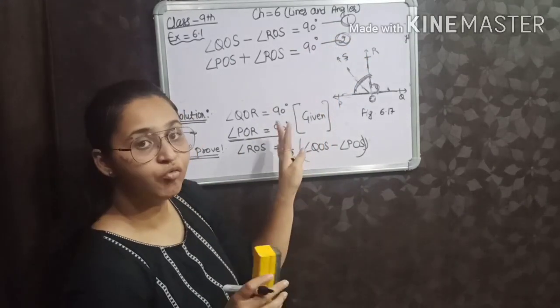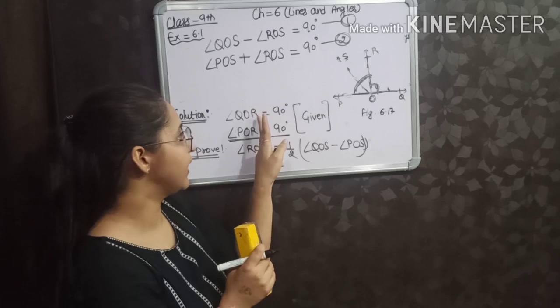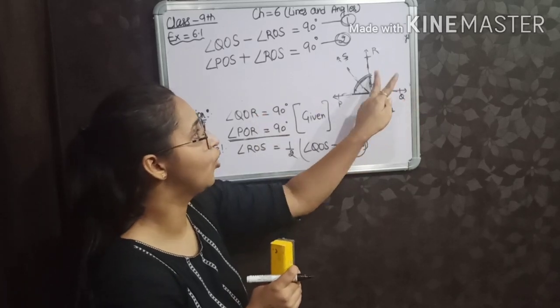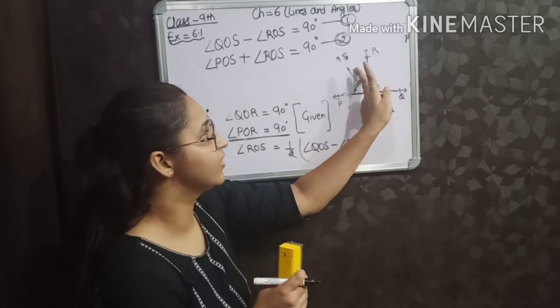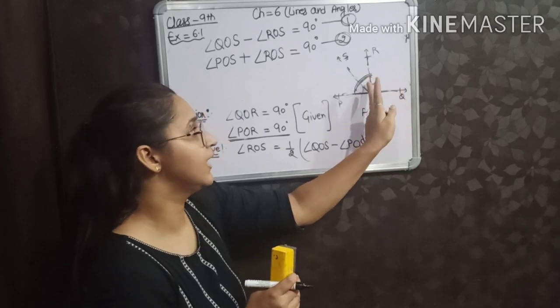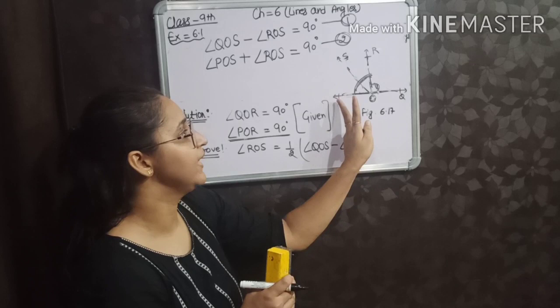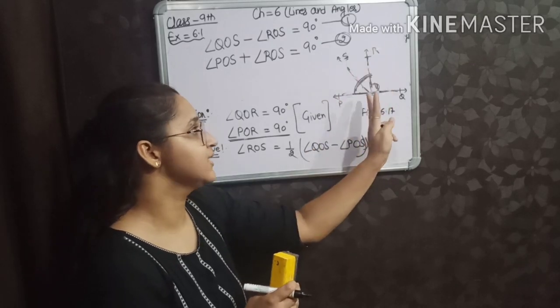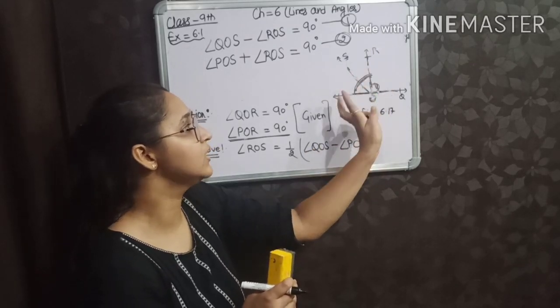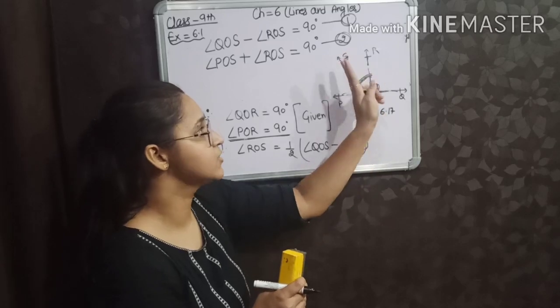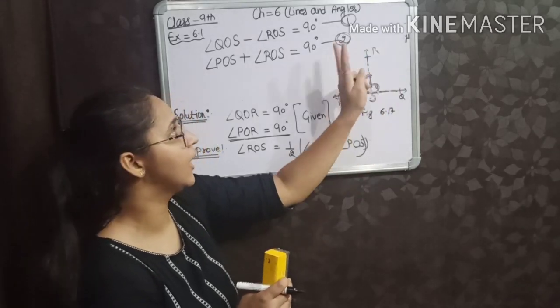Understand what we are doing? In place of angle QOR, I am taking first this complete angle and then subtracting this part, so I will get this part. And in place of POR, this angle is made up of these two angles, so I can add POS plus SOR or ROS.